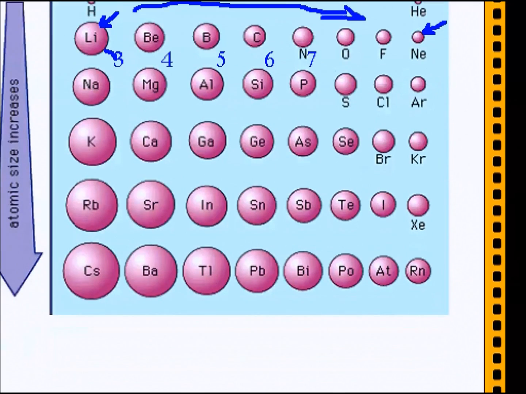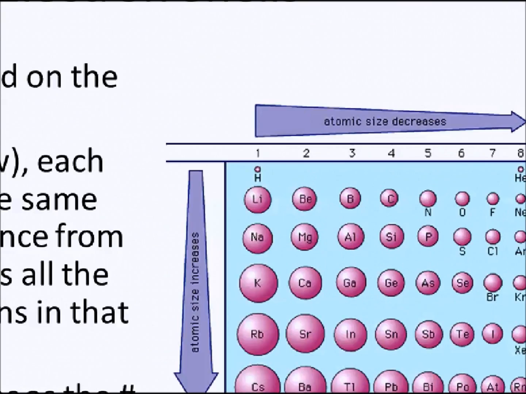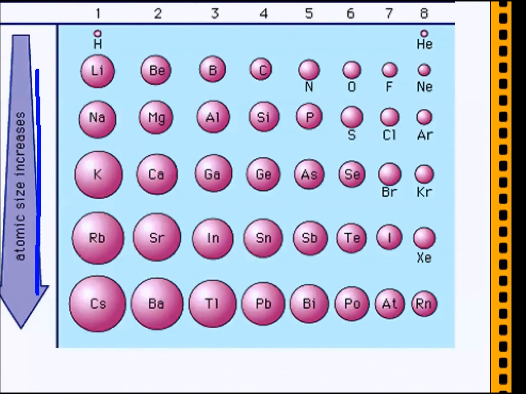And it's true all across the periodic table. Notice that the size also gets bigger as you go down. That's no surprise because the atomic number is also increasing downwards. And also remember that this is energy level 1. This is energy level 1. This is 2. This is 3. This is 4. This is 5. And this is 6. Right?